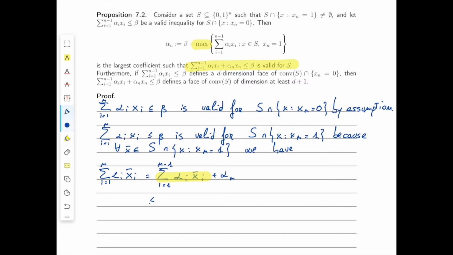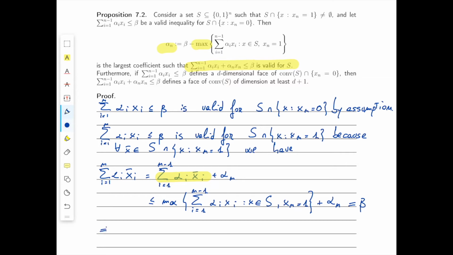So this is less than or equal to the max of the sum for i equal 1 until n minus 1 of alpha i xi such that x in S, xn equal to 1. And this is exactly because the point x bar is indeed in S and has x bar n equal to 1. And we shouldn't forget plus alpha n. And at this point, this max plus alpha n is exactly beta from the definition of alpha n in the statement of our proposition.